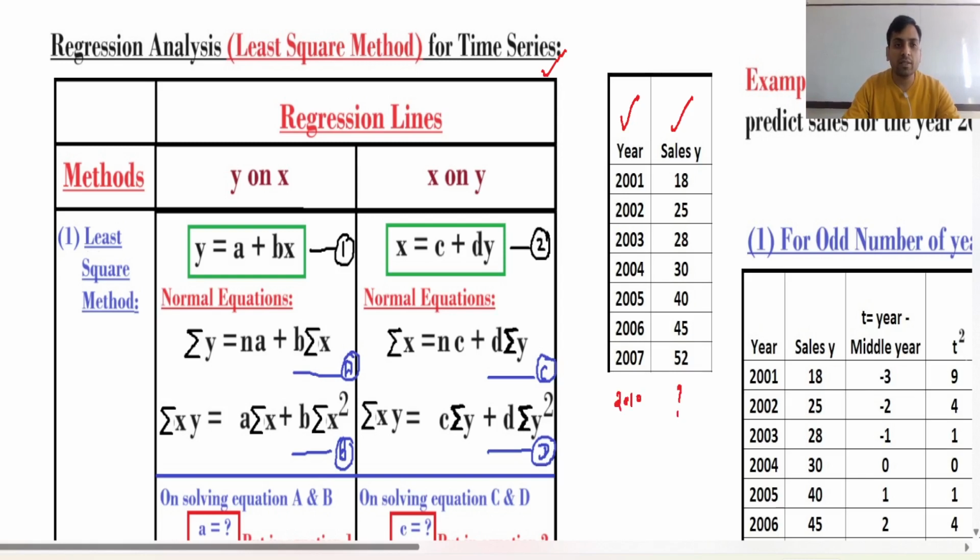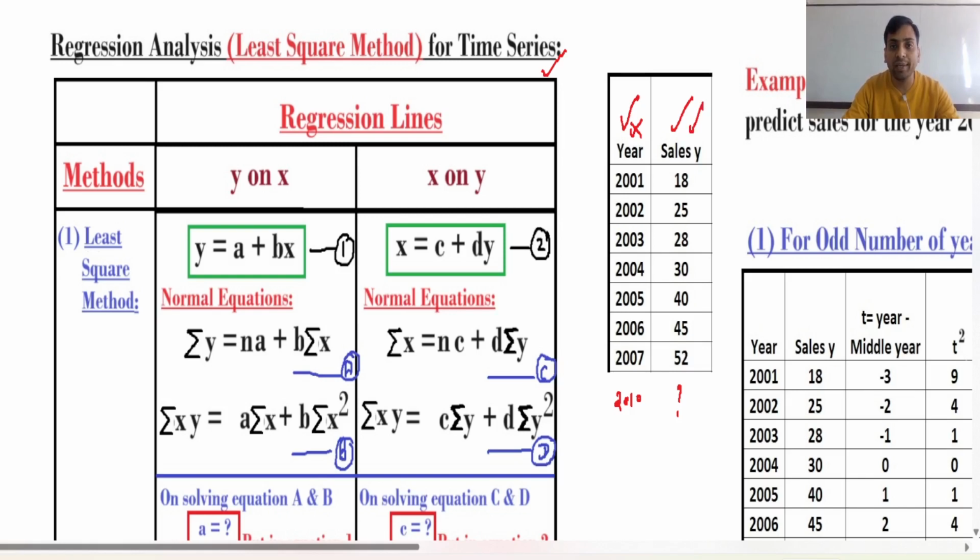So in previous lecture I taught regression analysis y on x, x on y when y and x both are variables. And now in this case, time is not dependent. We can't consider time as dependent variable. So only the sales is dependent variable. So we can't consider this concept of x on y in this case.